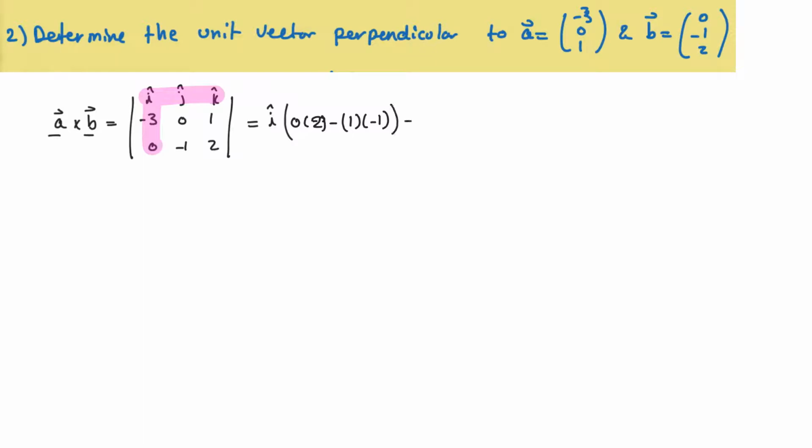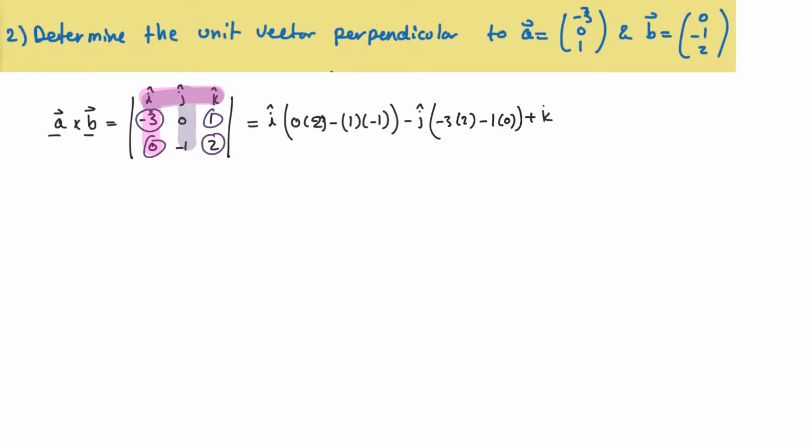The next one is minus j, where I cross out the j column, and I use this times this minus this times this, so that becomes negative 3 times 2 minus 1 times 0.